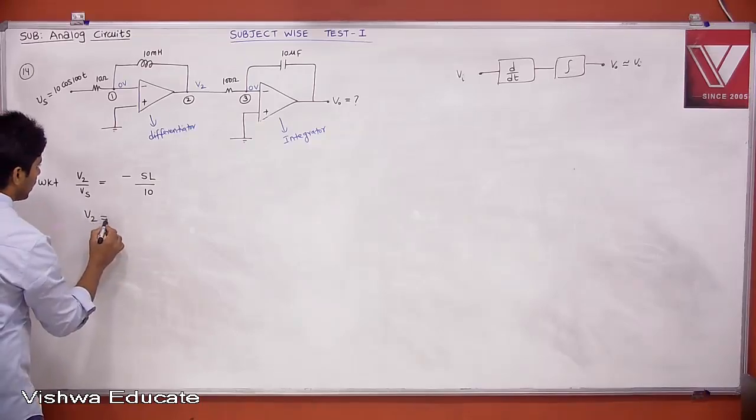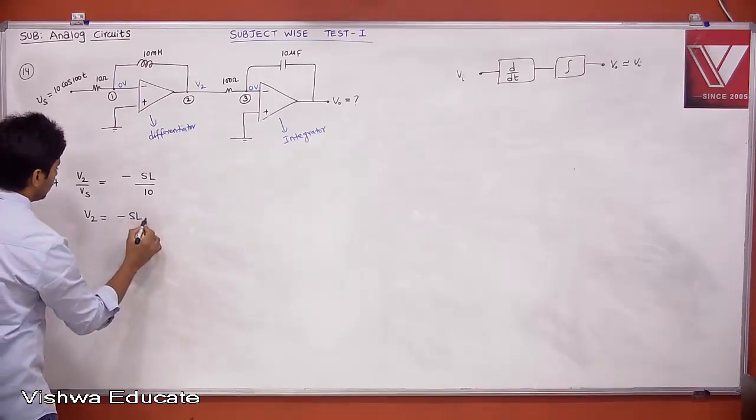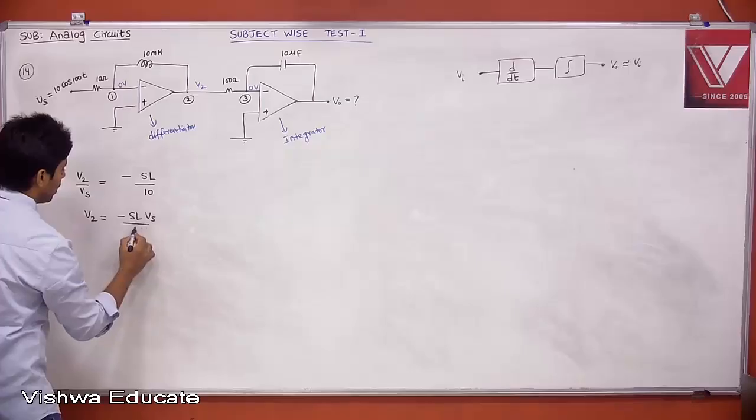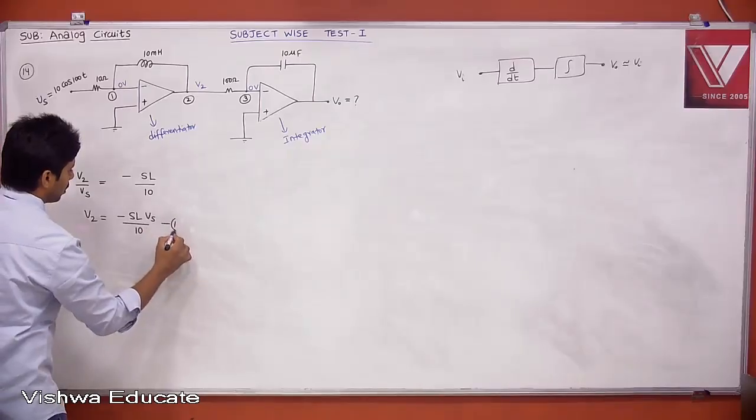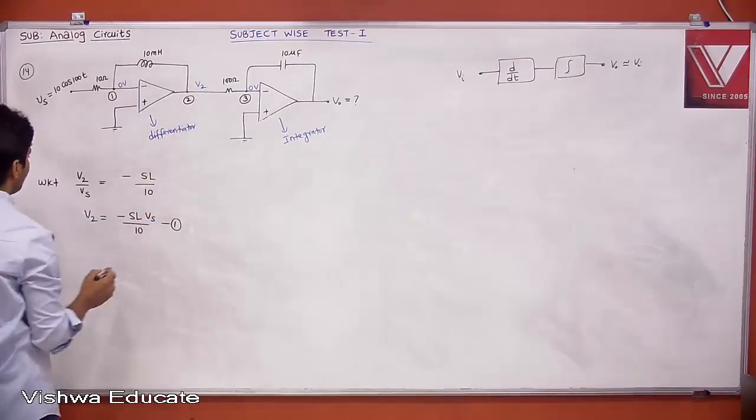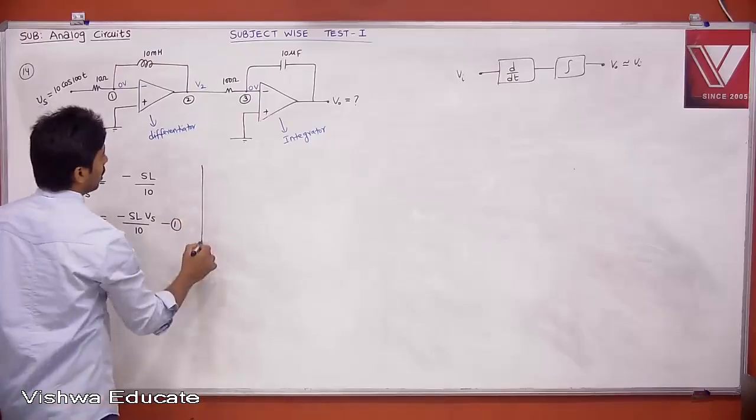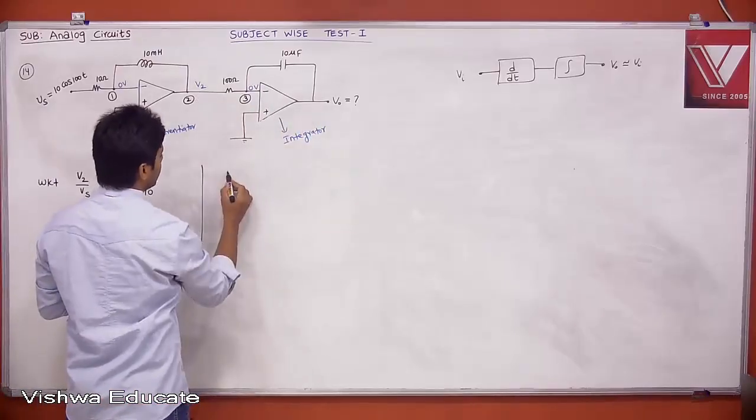Therefore, V2 is equal to minus S into L into Vs divided by 10. This is equation 1.